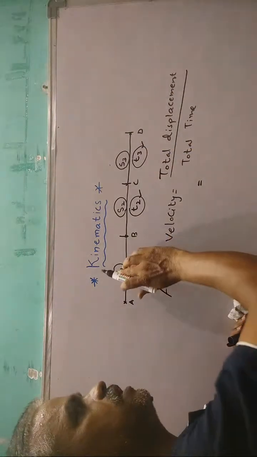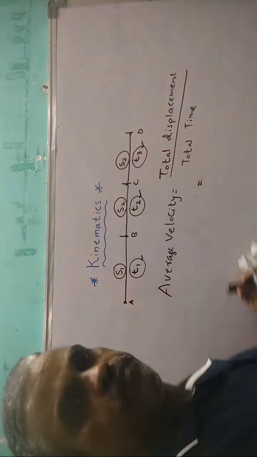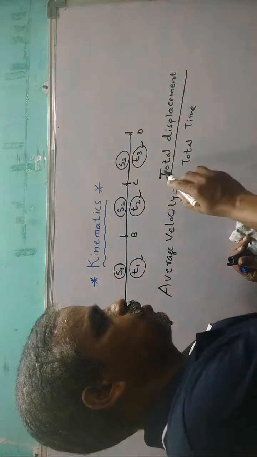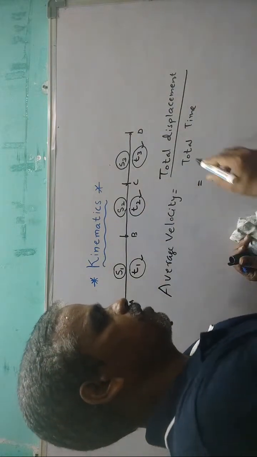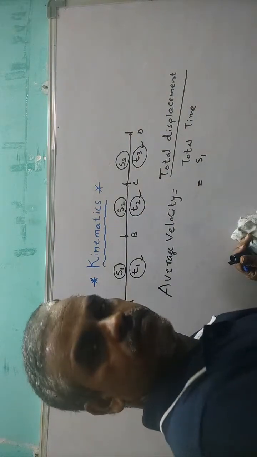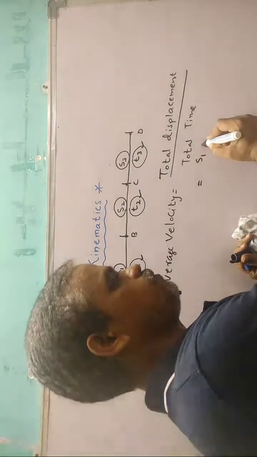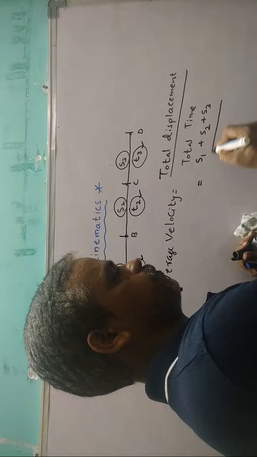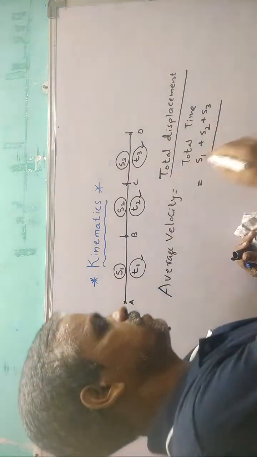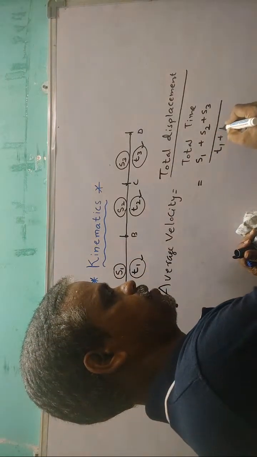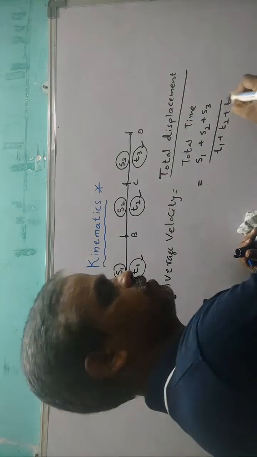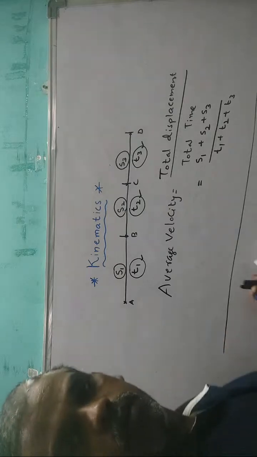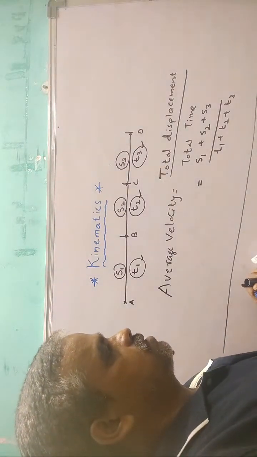So we have three displacements, three times. So average velocity for this situation, total displacement by total time. We have the three displacements, S1 plus S2 plus S3. Total time is T1 plus T2 plus T3. Is it okay? So this is the simple formula.